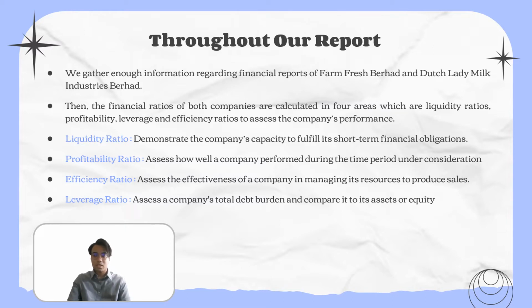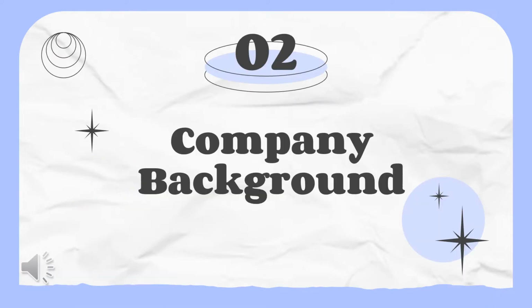The users can comment on how quickly and effectively the company uses its resources. And the last one, the leverage ratio, assesses a company's total debt burden and compares it to its assets or the equity. Now, I will proceed to our chosen company background.